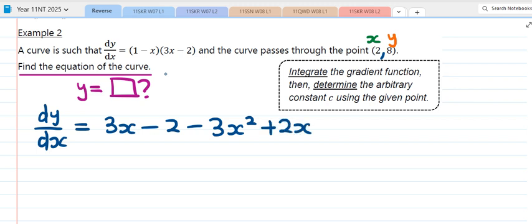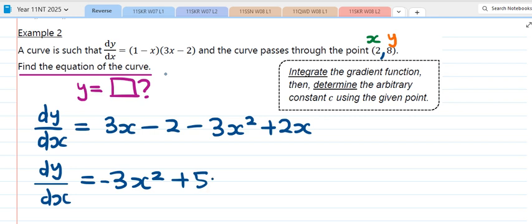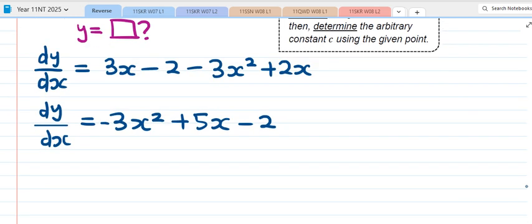So here, if we try to simplify this properly and arrange them, it would be negative 3x squared, and then plus 3x plus 2x will be plus 5x minus 2. From this one, we will integrate this.